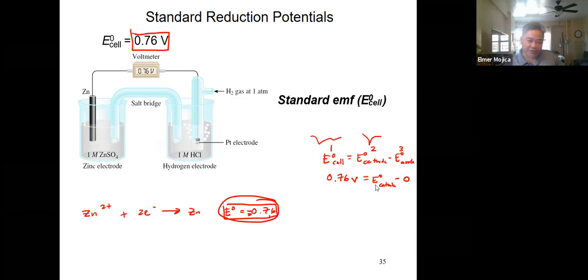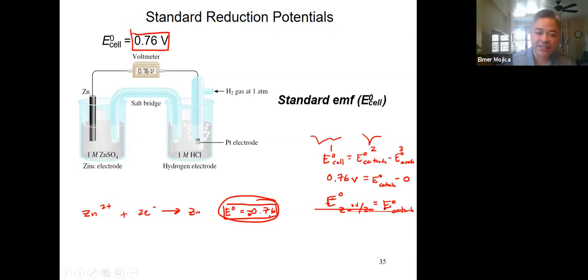So if we rearrange this, what would be the value of your E cathode? Or the one that we could say, the zinc 2 plus producing zinc, that is your E cathode. And whatever value that would be, would be the value in the reduction potential table.